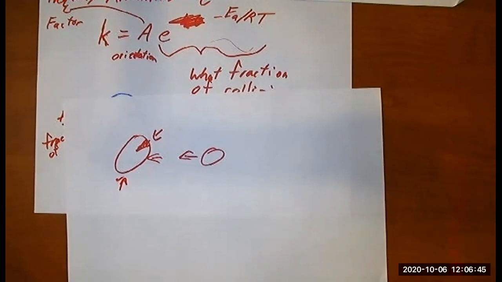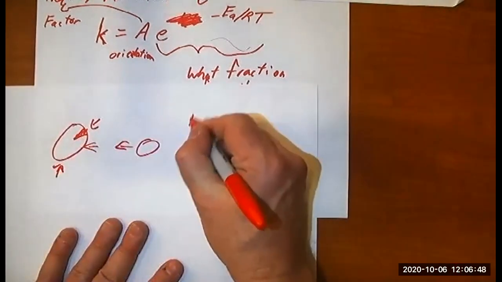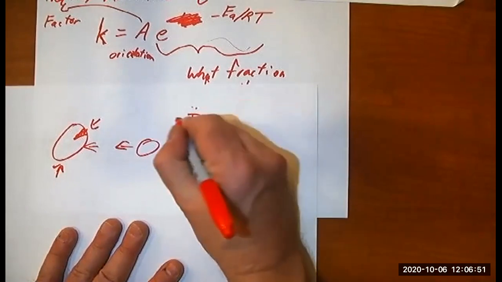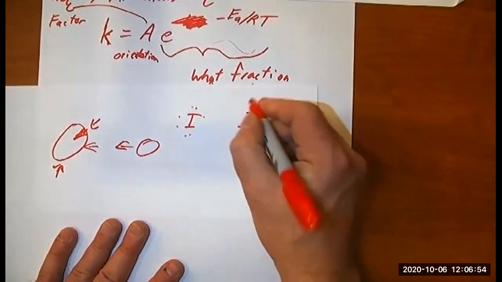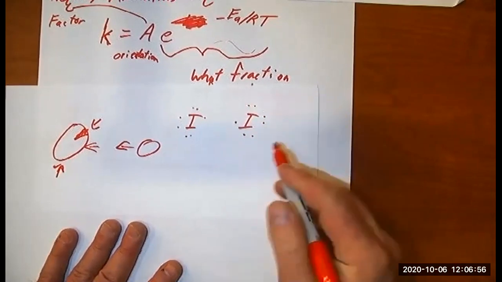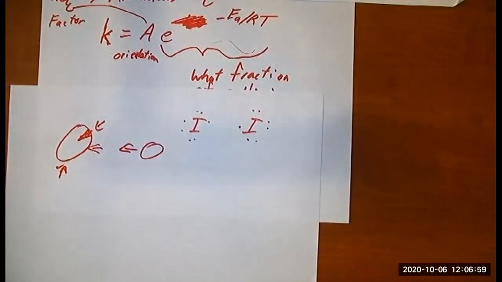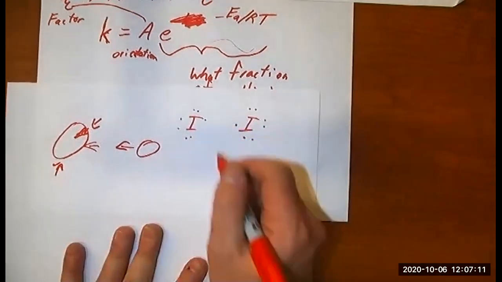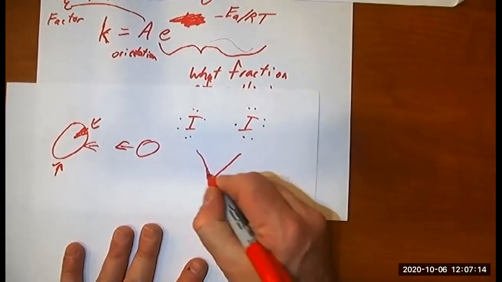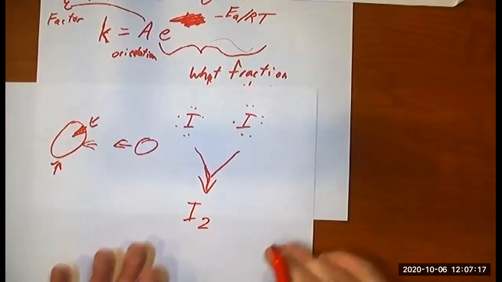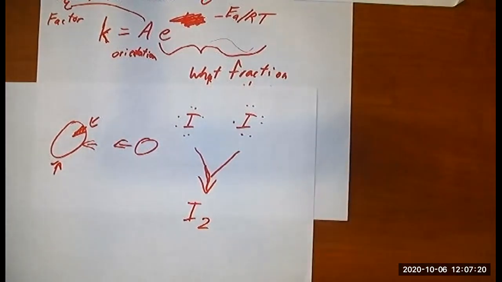So if you imagine, for example, a reaction where you have an iodine atom coming and colliding with another iodine atom, each of these atoms is pretty much spherically symmetric, and certainly the electrons can reorient themselves with almost no problem. So if the reaction is these two things coming together and colliding to make an I2 molecule, then that is going to have almost no orientation dependence at all, and so your frequency factor is going to be large.